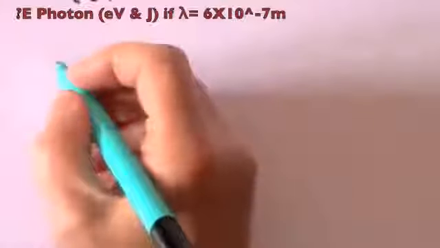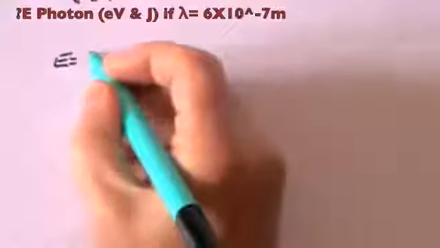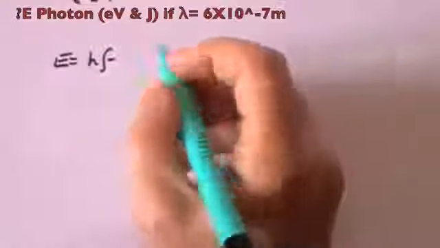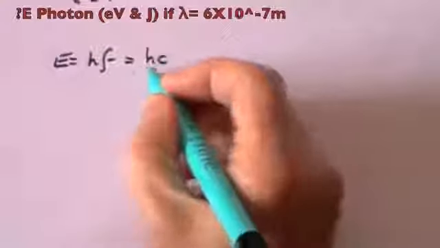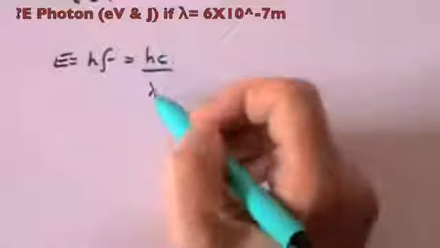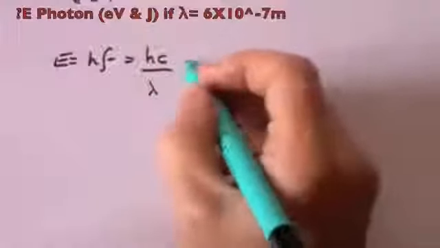Question 5. Calculate the energy in joules and electron volts of a photon of wavelength 6 times 10 to the minus 7 meters. Well, here we're going to use the classic formula E equals hf, which of course is E equals hc over lambda, since the frequency is the speed divided by the wavelength.